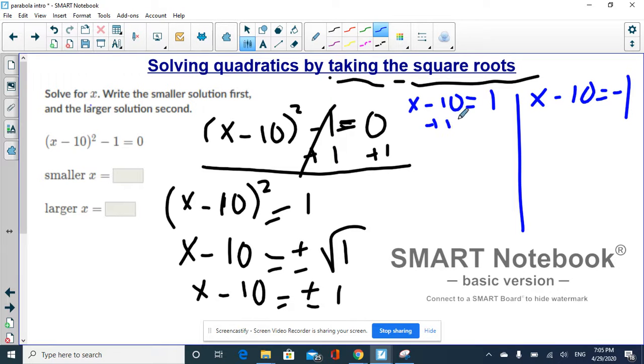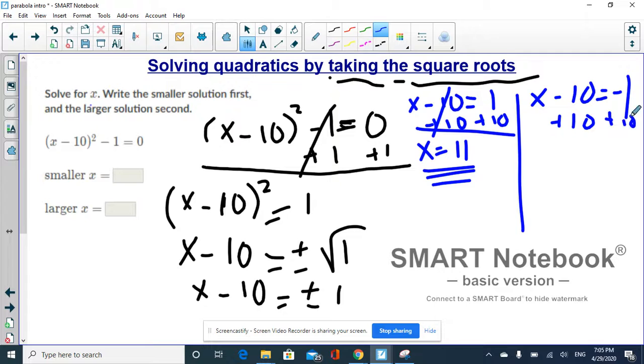That means you have to add 10 this side, add 10 the other side. x equals 1 plus 10, 11. This is the first solution. We will add 10 here, add 10 the other side. x equals negative 1 plus 10 equals 9.